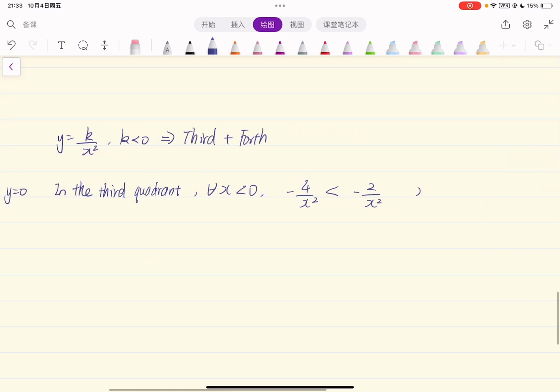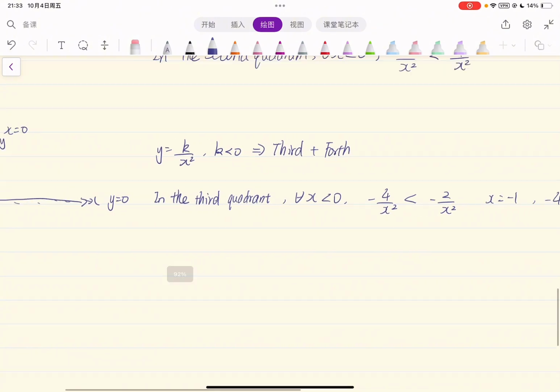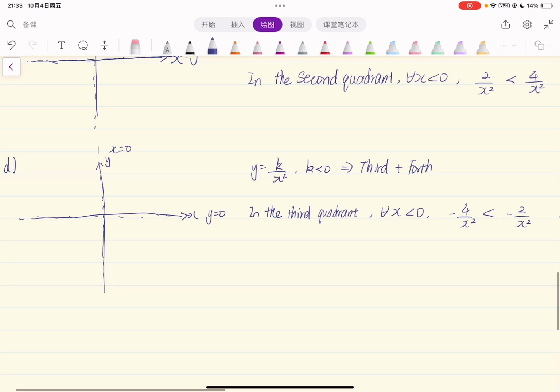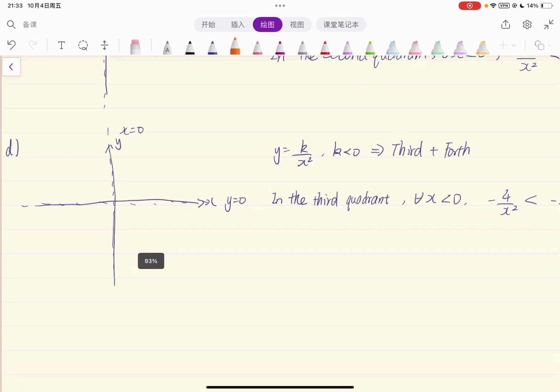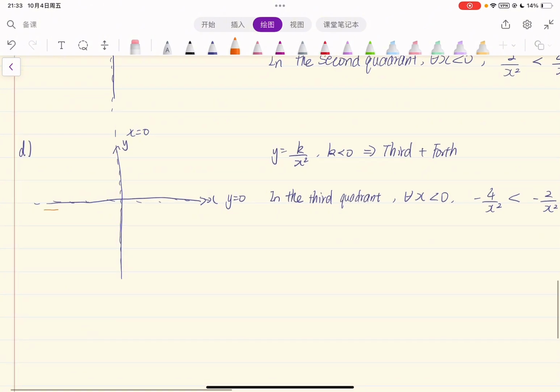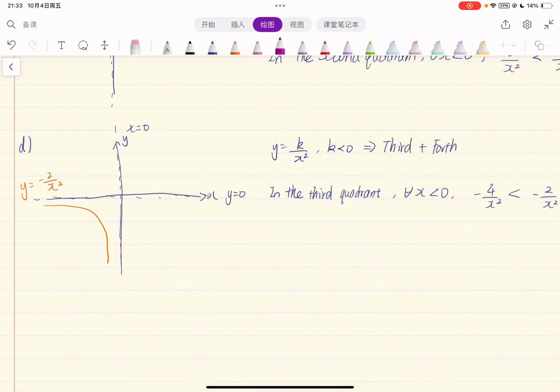For example, if x equals minus 1, we have minus 4 less than minus 2. So in the third quadrant, minus 4 over x squared is below minus 2 over x squared. Use the orange one to show minus 2 over x squared, so the orange one is y equals minus 2 over x squared. And the purple one is minus 4 over x squared, that is below minus 2 over x squared.